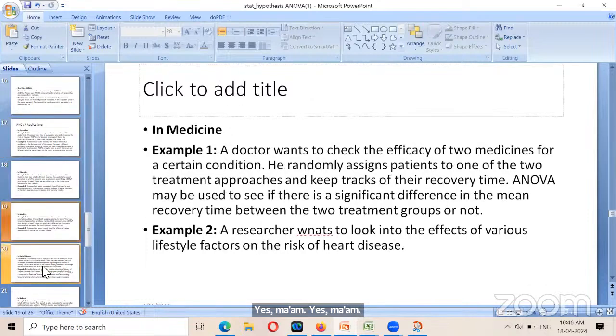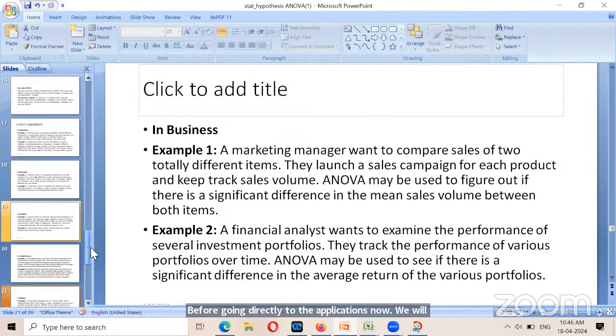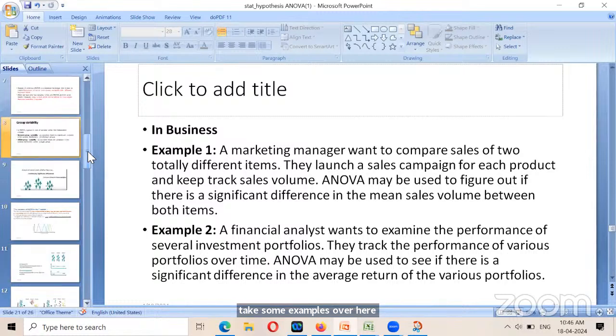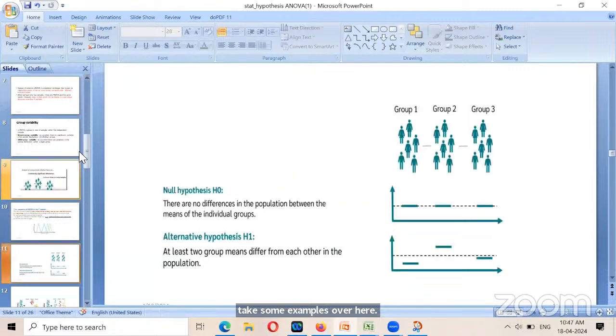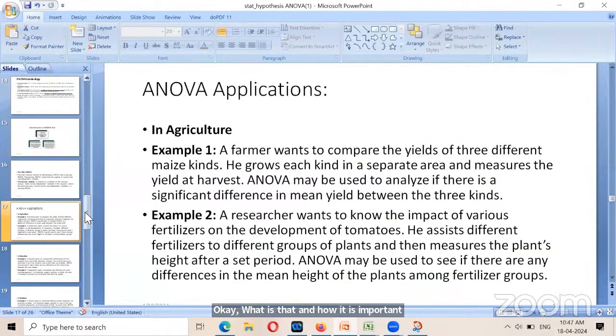before going directly to the applications now, we will take some examples over here. Okay, group variability is clear to you? What is that and how is it important? Yes. Okay.